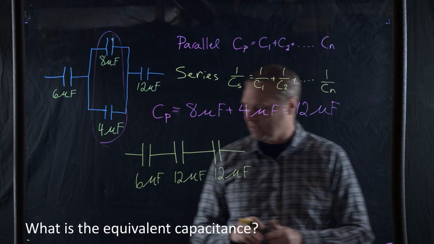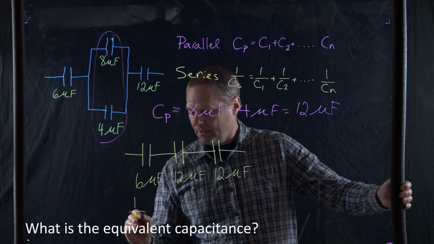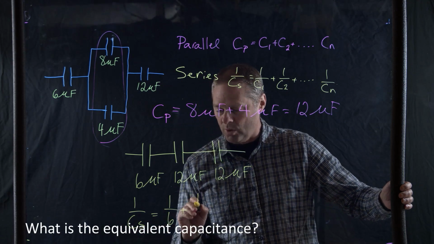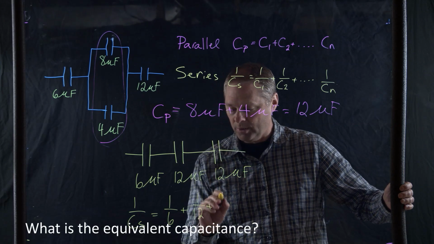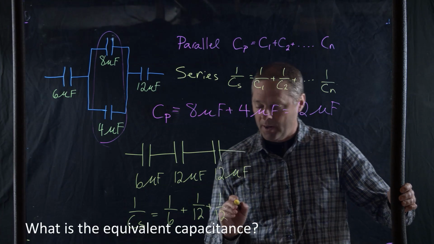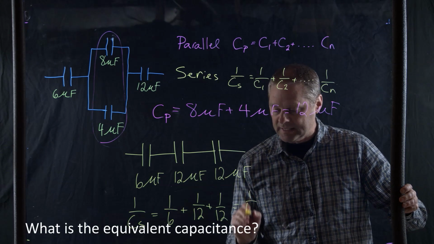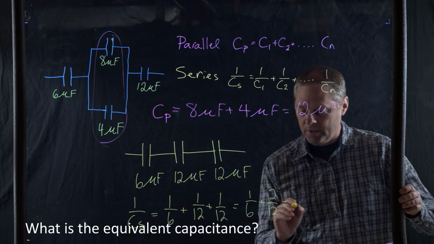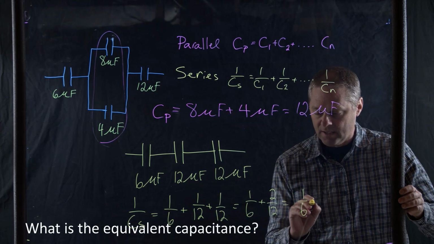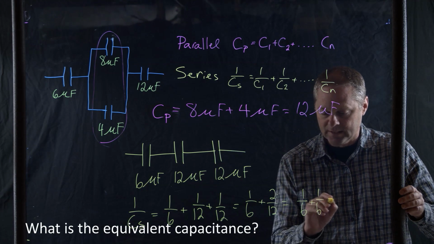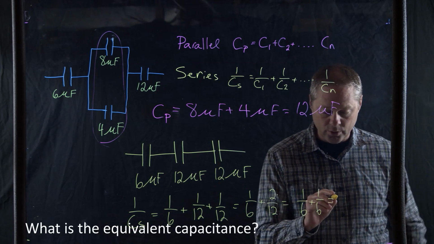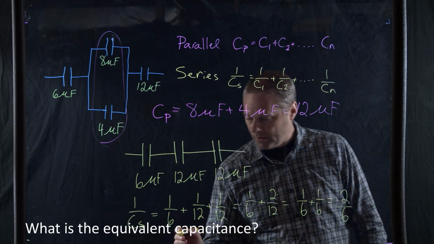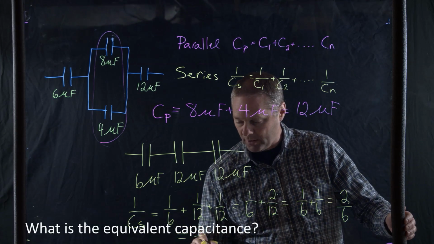Now our capacitance in series is given by 1 over 6 plus 1 over 12 plus 1 over 12, which is equal to 1/6 plus 2/12, or 1/6 plus 1/6, which is equal to 2/6, or 1/3.